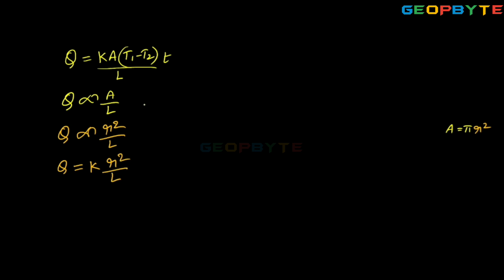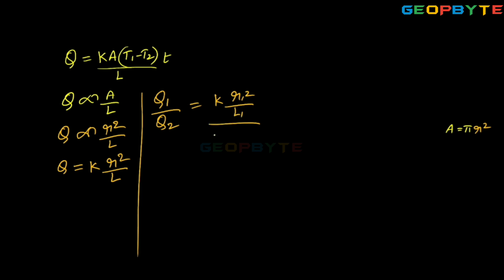Then Q1 by Q2 equals K into R1 square by L1 divided by K into R2 square by L2. Here K will be cancelled.